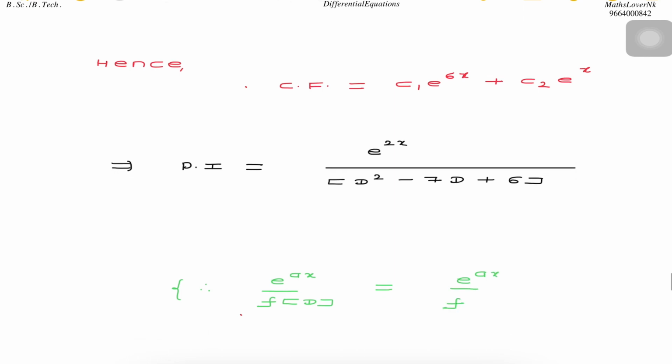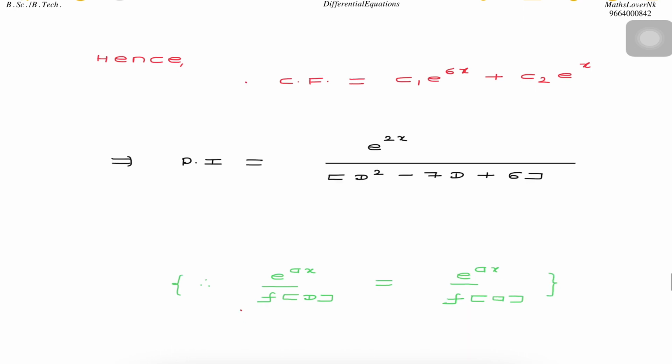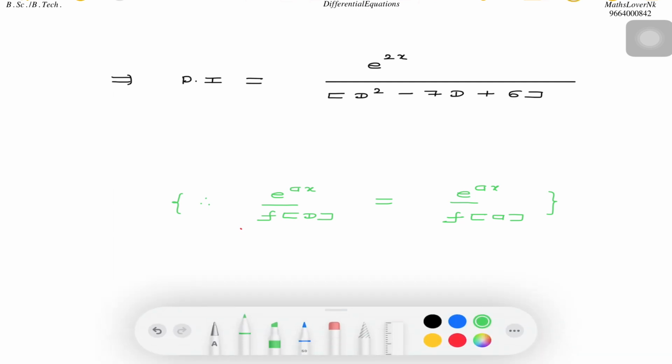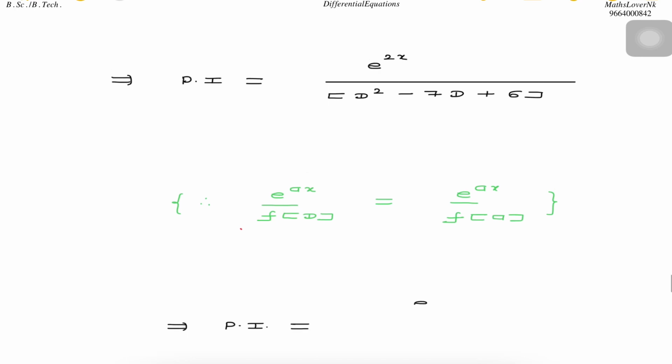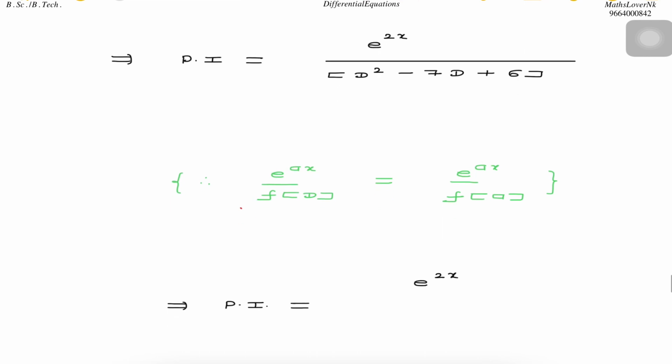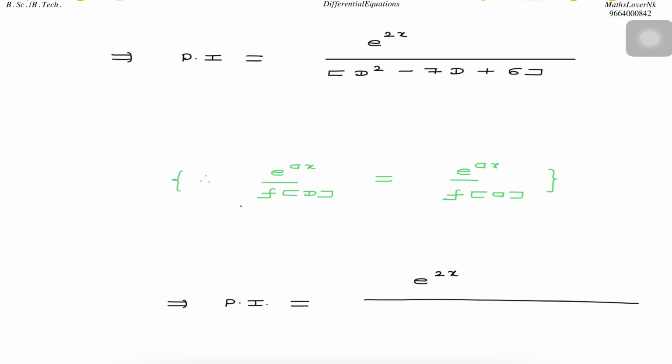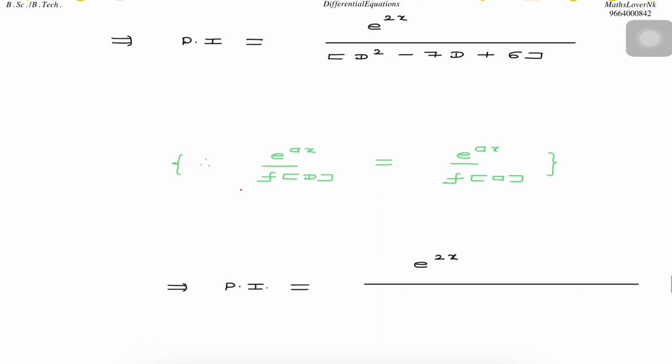In this we replace the capital D by a, so PI is equal to e the power 2x as it is, upon capital D is replaced by 2, because here the value of a is 2, so 2 square minus 7 into 2 plus 6.